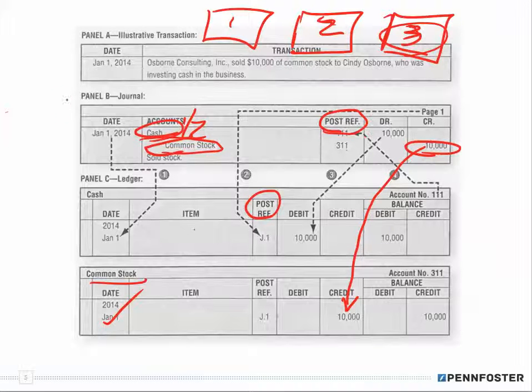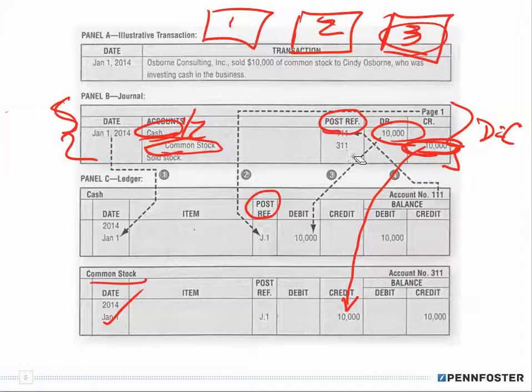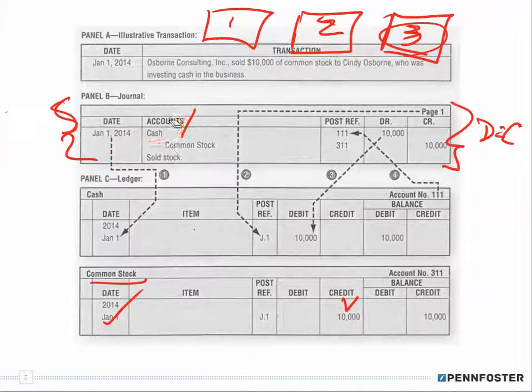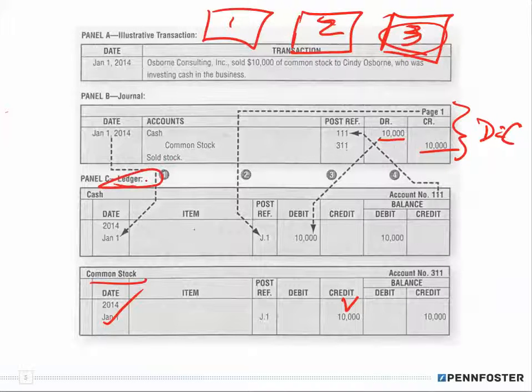So remember, in the journal entry, our debit equaled our credit, okay? Like I said, when we post to our ledger accounts, all we're doing is rearranging the information.